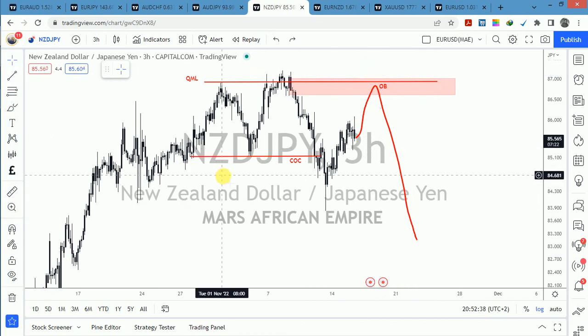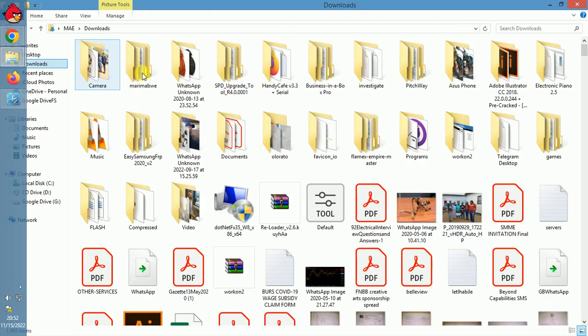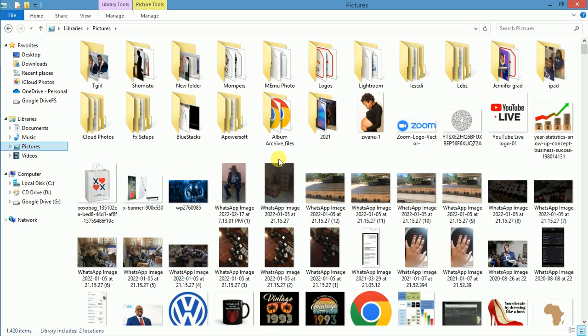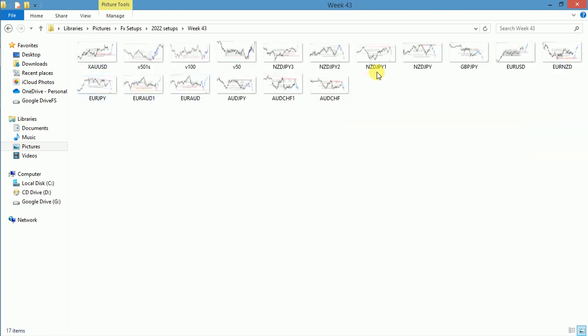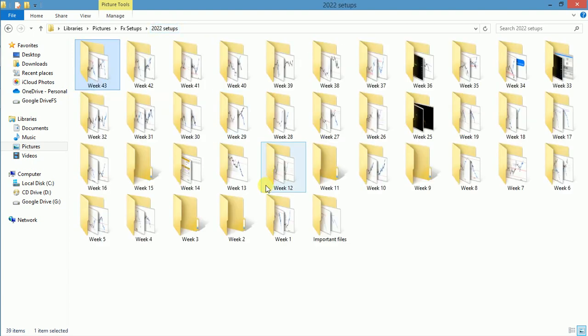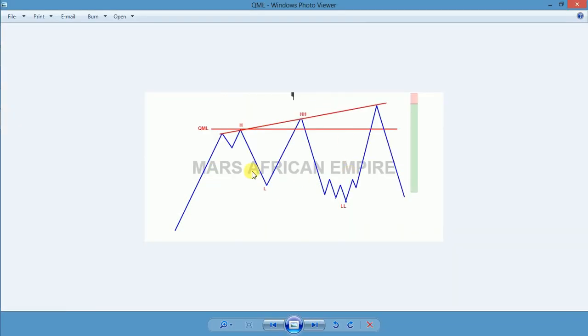But then there is... let me go to important files. There is this setup here whereby I tried to show how to trade a failed QM setup, a Quasimodo setup that has failed.